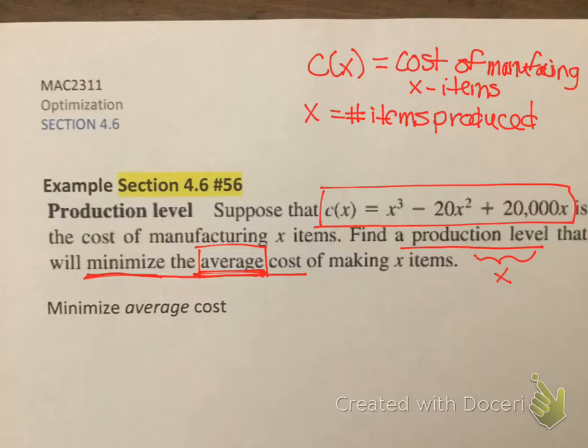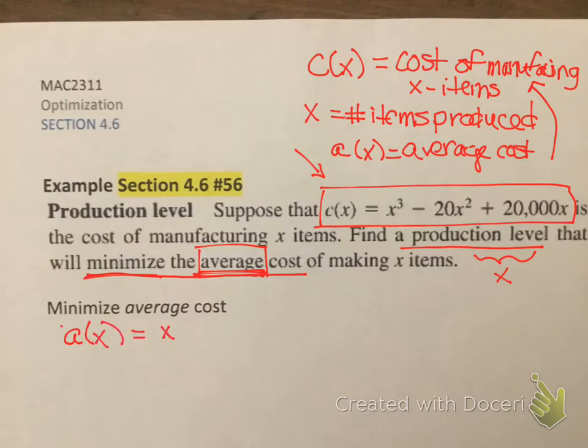The C of x that I am given up here, it doesn't say it's the average cost of manufacturing the items. It says that it is the cost. So to find the average cost, I'm going to call that A. It's the average cost of manufacturing x items.